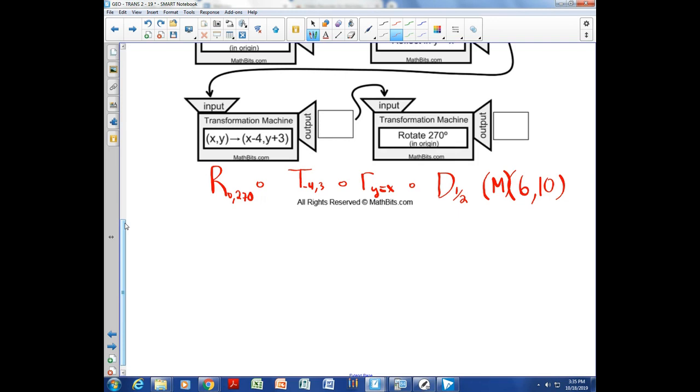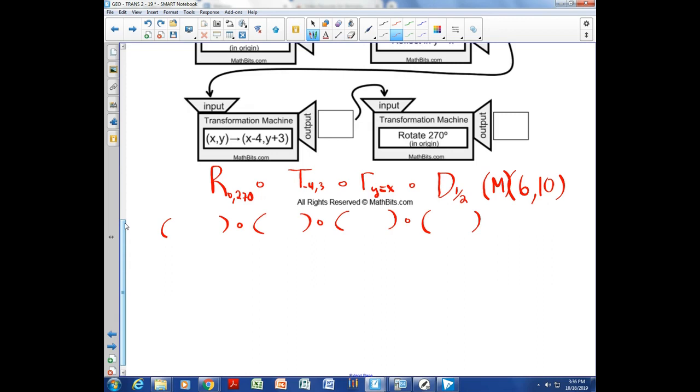Now, for the sake of maintaining our right to left system here, I'm going to, underneath each one of these, open up a new set of parentheses, because our point needs to keep on changing relative to the transformation above. And underneath, I'm just going to put the formula for each one.